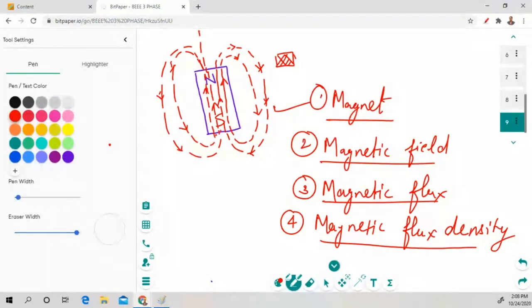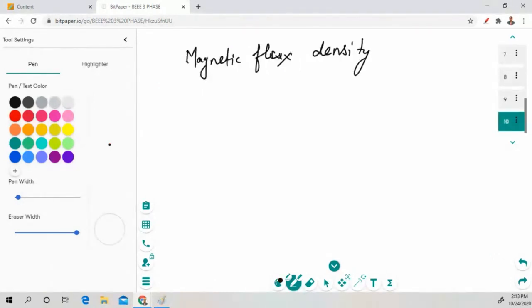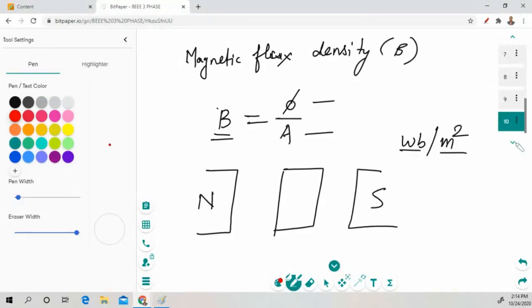The amount of magnetic lines of force set up in a magnetic circuit is called magnetic flux. The unit for magnetic flux is Webers. Magnetic flux density at a point is the flux per unit area at right angle to the flux at that point.